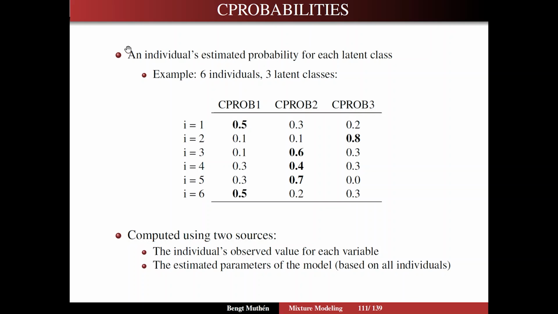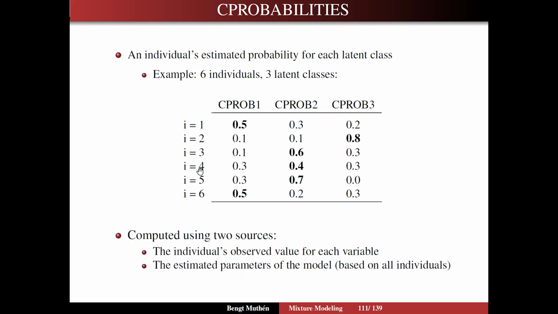So let's go back to the example of 6 individuals, i equals 1 through 6, and 3 latent classes. If you take a look at individual 2, for instance, that one has a fairly high probability of being in class 3, with a relatively small probability of being in the other 2 classes. So the individual's item responses point to class 3 as the class the individual belongs to very clearly.